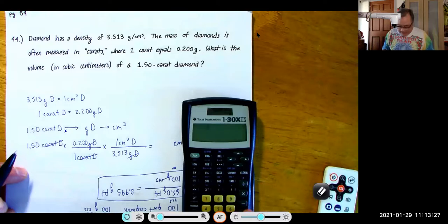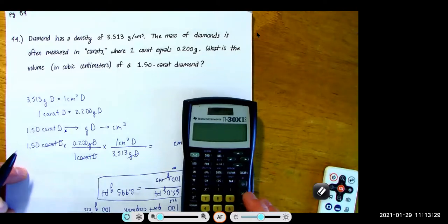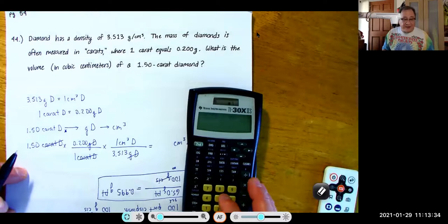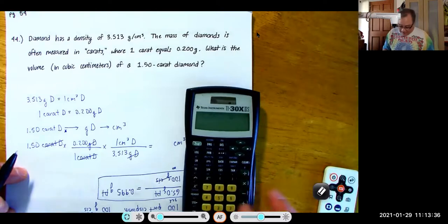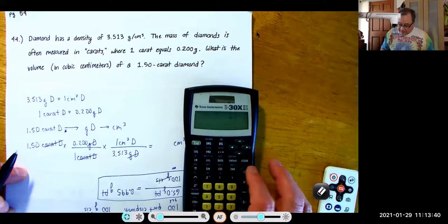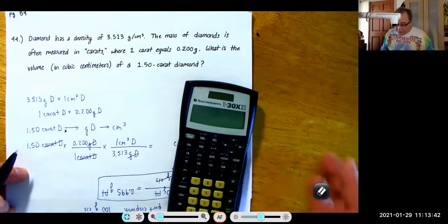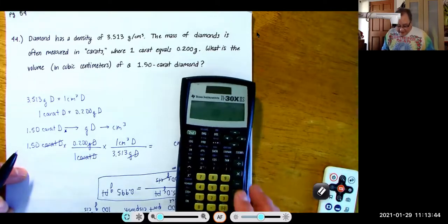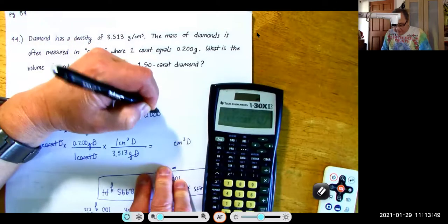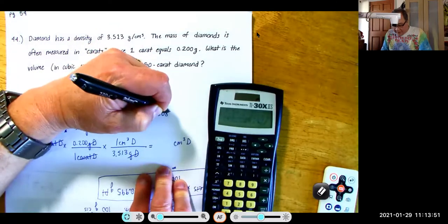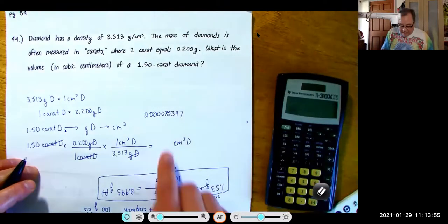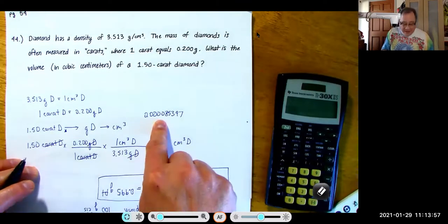Why do you think I estimate all the time? To check yourself. Because I have messed up so many times by not estimating, looking at my calculating and saying, oh yeah, that makes sense. So here, I just wrote this problem out and I get 0.000085397. And I said the answer should be around 0.1. I messed up.